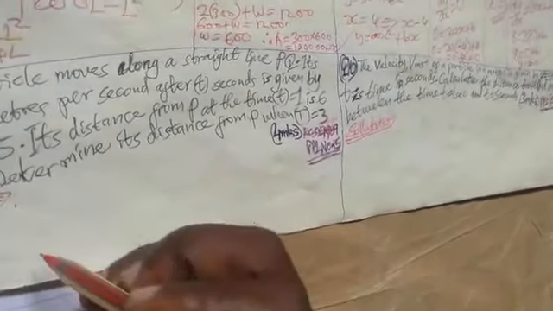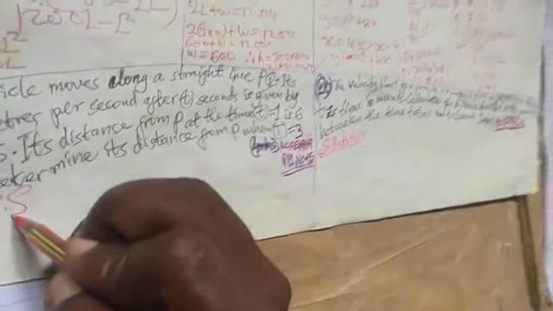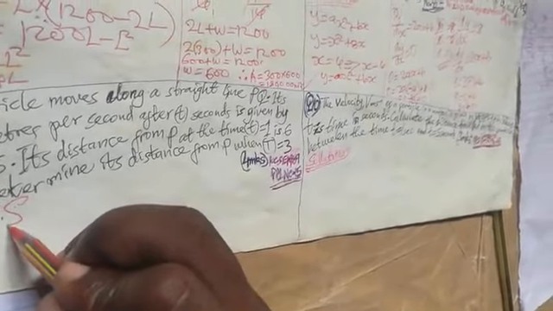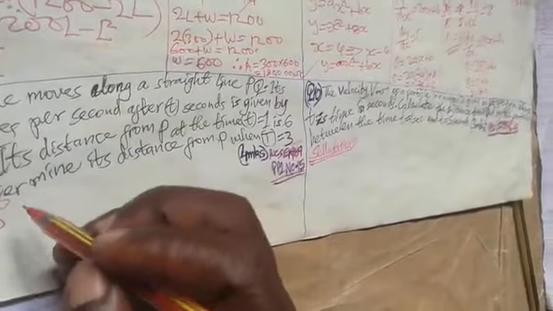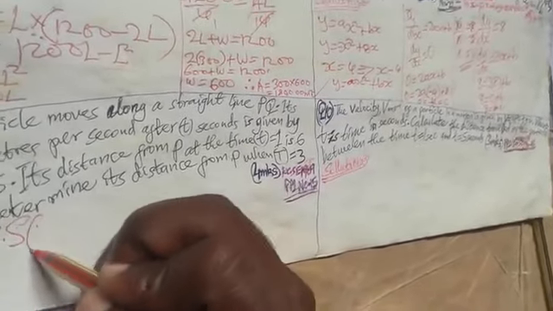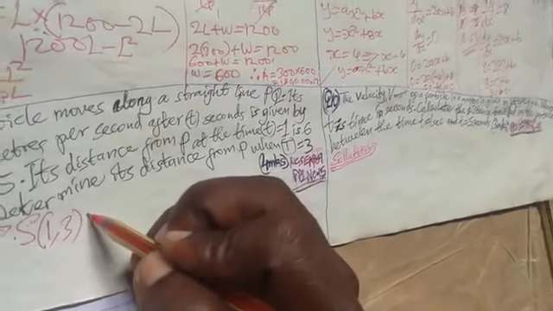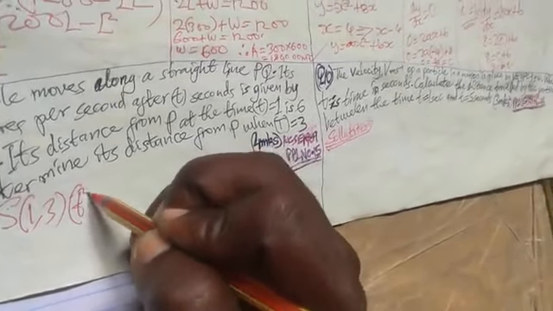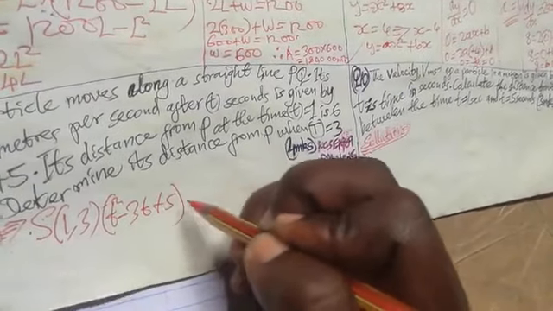Therefore, for this question, determine the distance. Distance will be the integral from t equals 1 to t equals 3 of t squared minus 3t plus 5 dt.